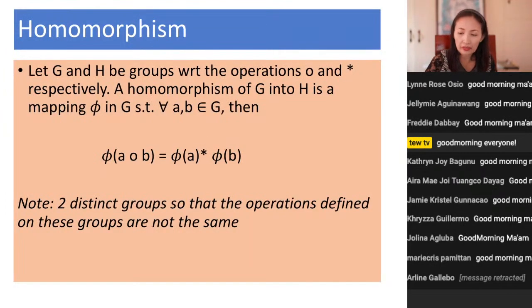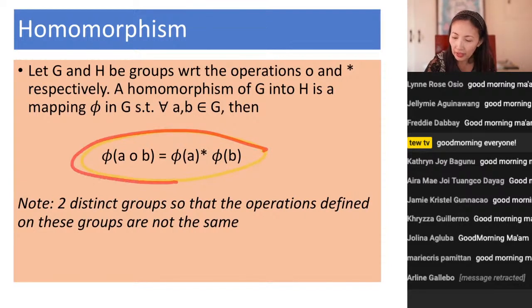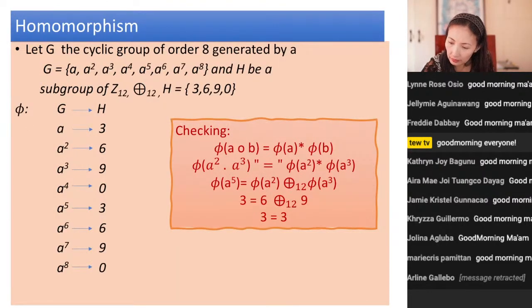When is it a homomorphism? It's a homomorphism when this is satisfied. Phi of A circle B is equal to phi of A star phi of B. Okay, so let's copy. Ito yon. Take note that circle and star are distinct operations.